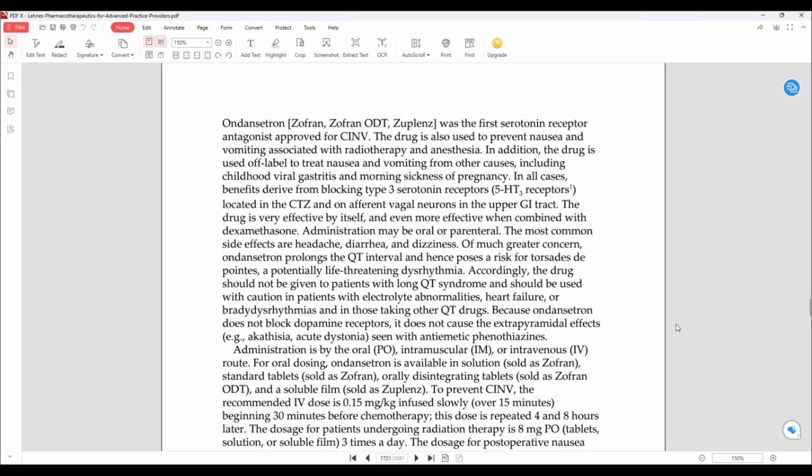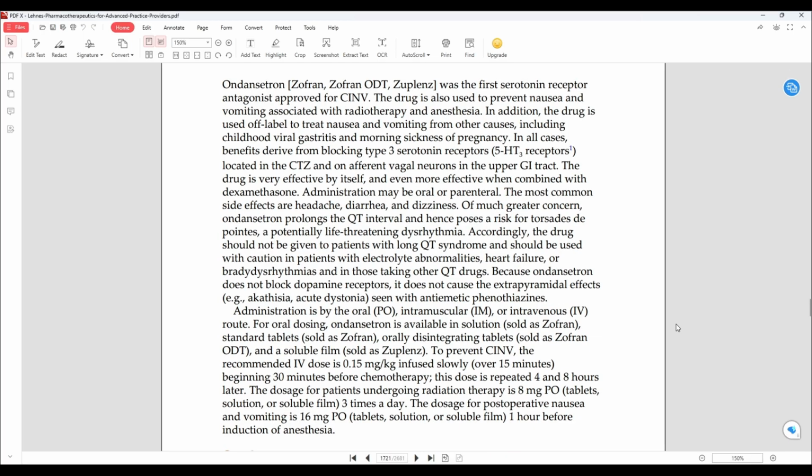Ondansetron or Zofran was the first serotonin receptor antagonist approved for CINV. The drug is also used to prevent nausea and vomiting associated with radiotherapy and anesthesia. In addition, the drug is used off-label to treat nausea and vomiting for other causes, including childhood viral gastritis and morning sickness in pregnancy.